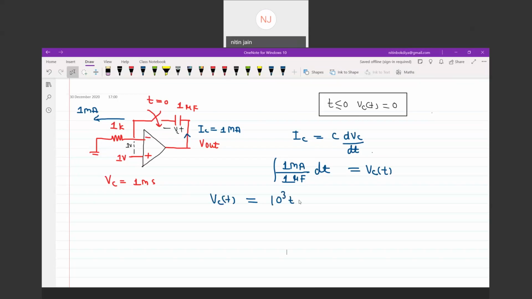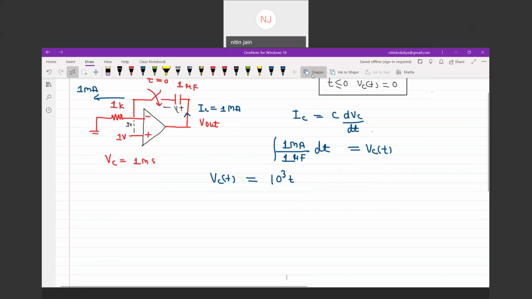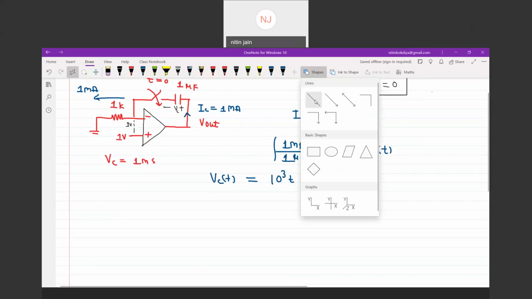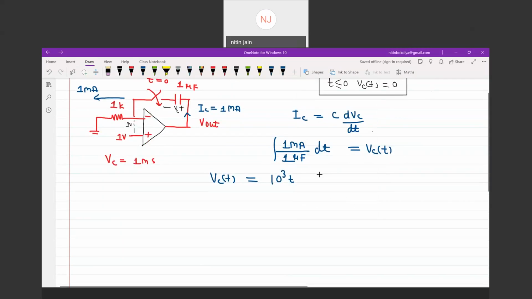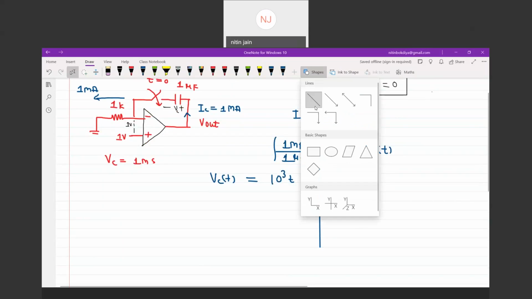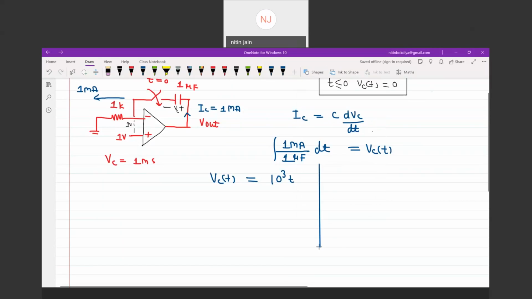So I can draw the value of Vc(t) like this. The horizontal axis is time and the vertical axis represents Vc(t).